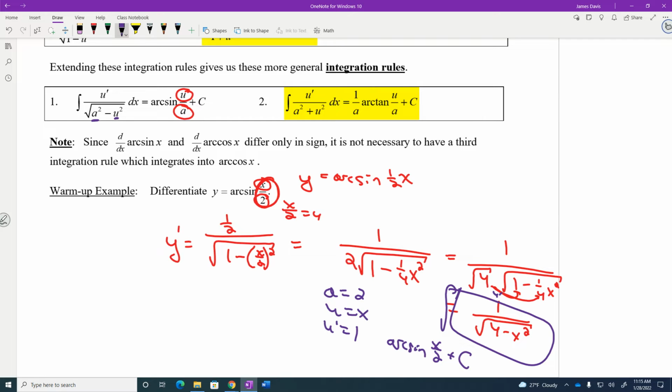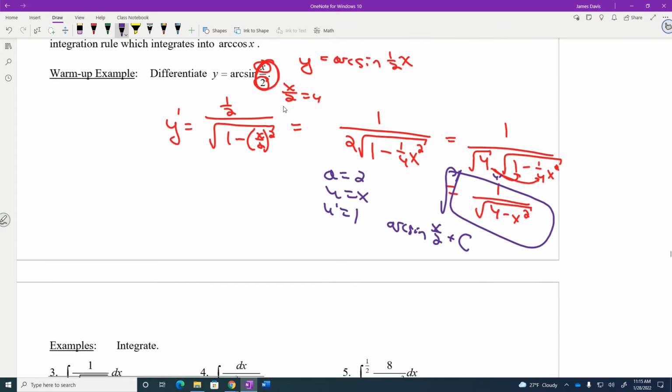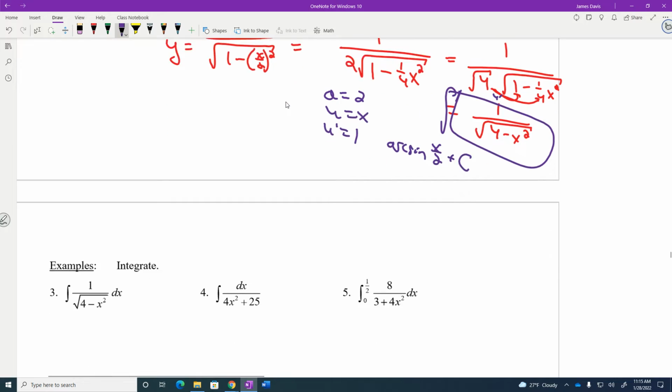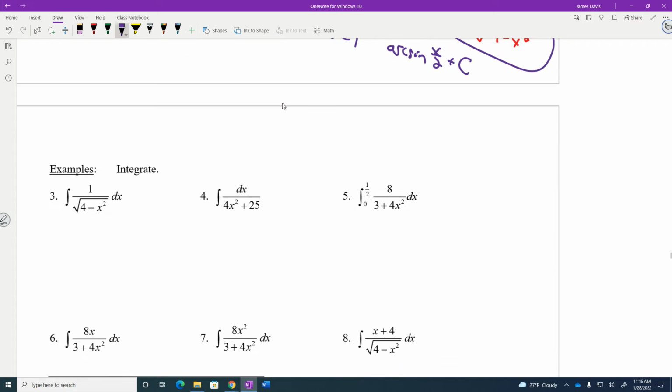It is. But again, this will not be a main feature of the AP test. And I would say you can memorize this, but I'm not going to require you to memorize these 2 formulas. It's a little ridiculous.